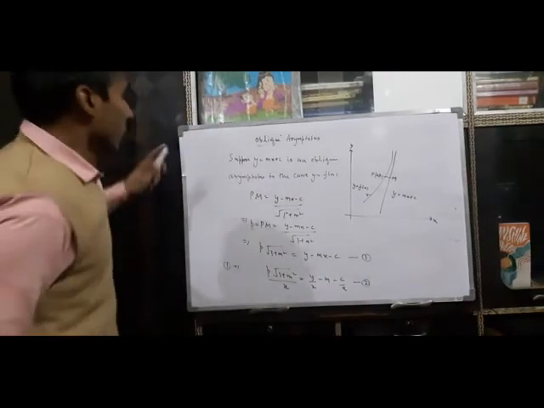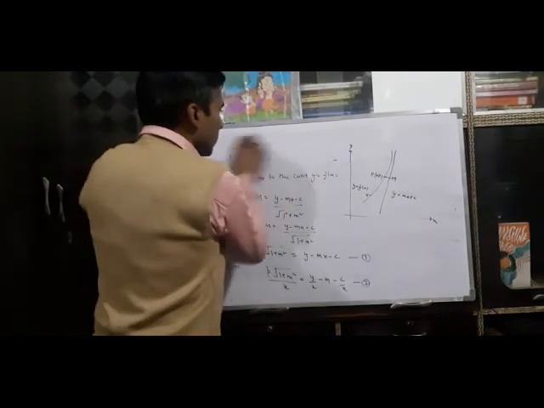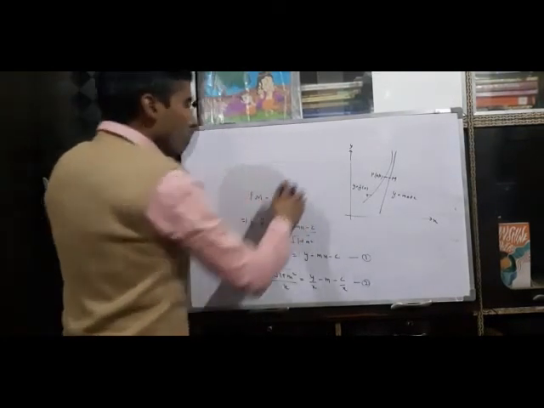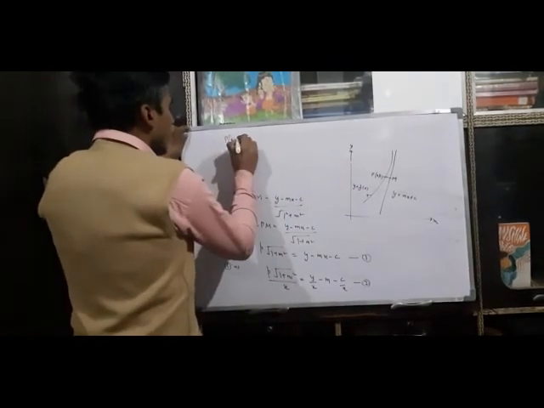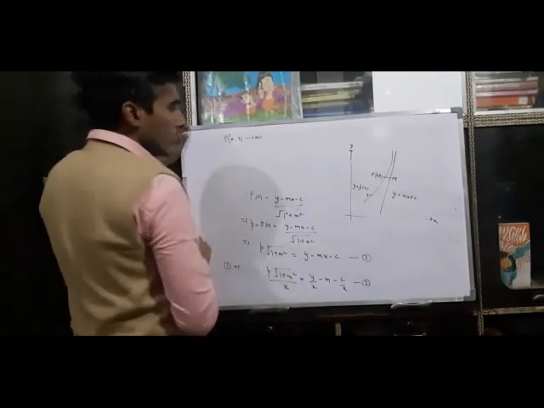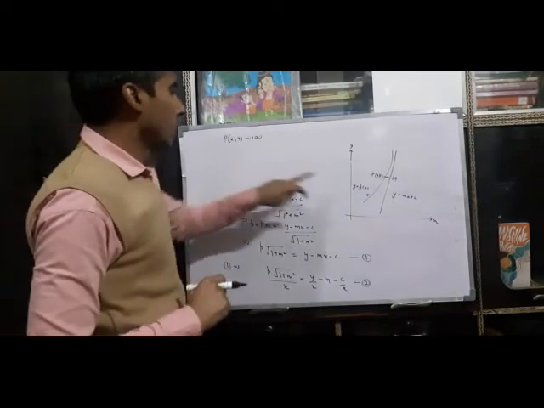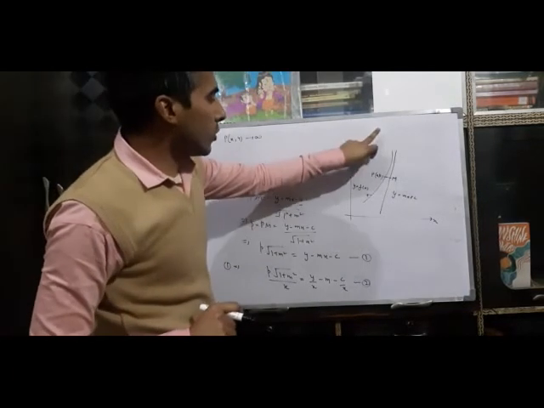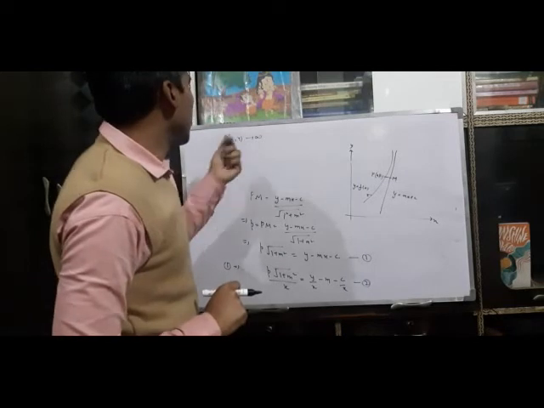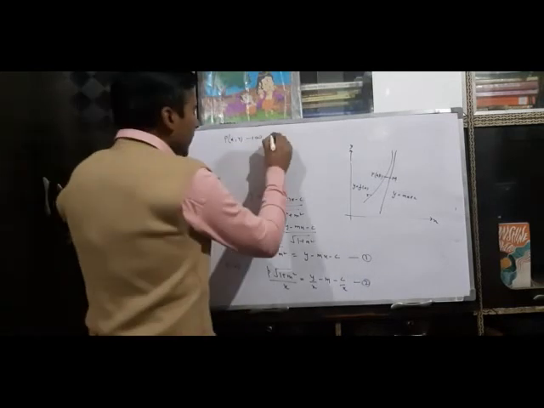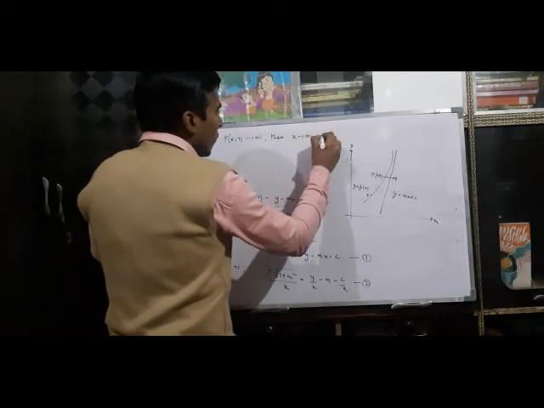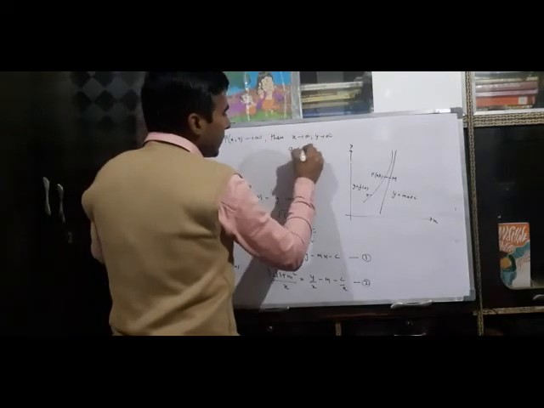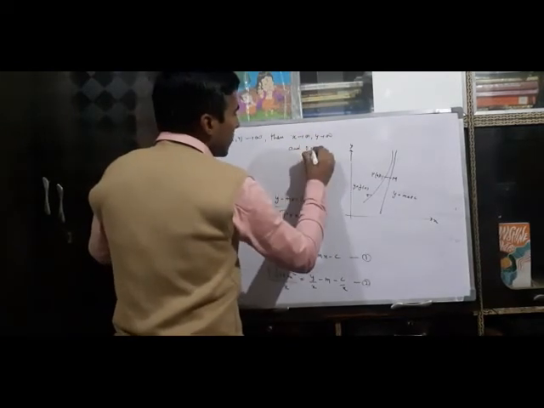Now, by the definition of an asymptote, P(x, y) tends to infinity. P(x, y) approaches infinity. When will it happen? Then x tends to infinity, y tends to infinity, and the perpendicular distance PM goes to 0.